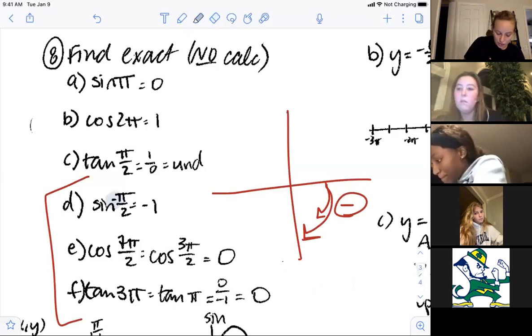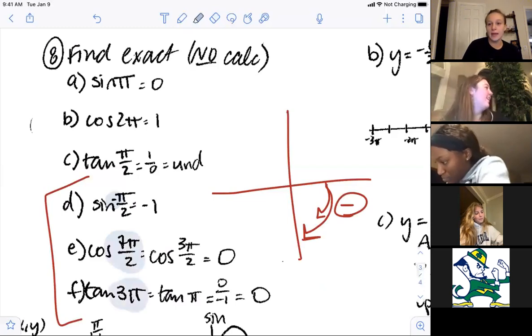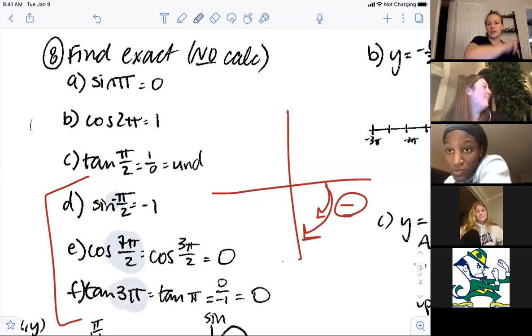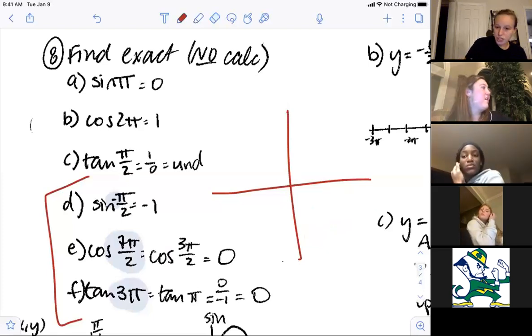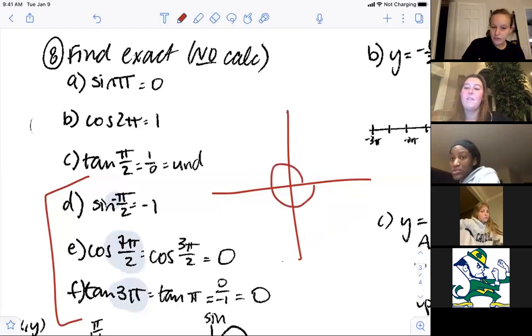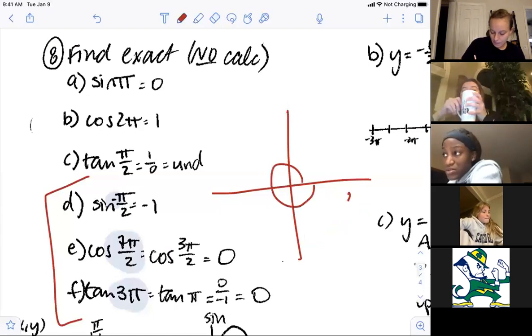The last two, cosine of 7 pi over 2 and then tangent of 3 pi, mean that we're going around the circle more than once. So like 7 pi over 2, all the way around once is 2 pi, right? And that's the same thing as 4 pi over 2.